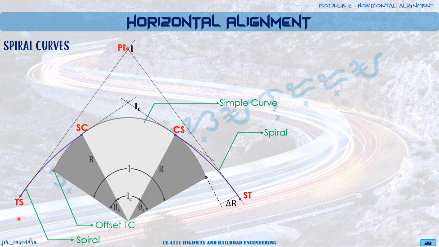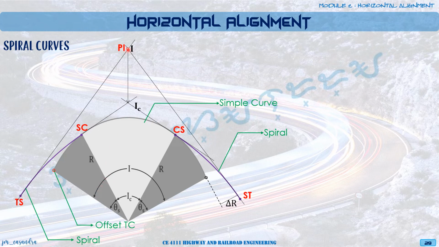And then the angle made by the tangents of the spiral curves will be what we call your I, or the intersection angle, which is also the same as the intersection angle of the original circular curve. Okay?